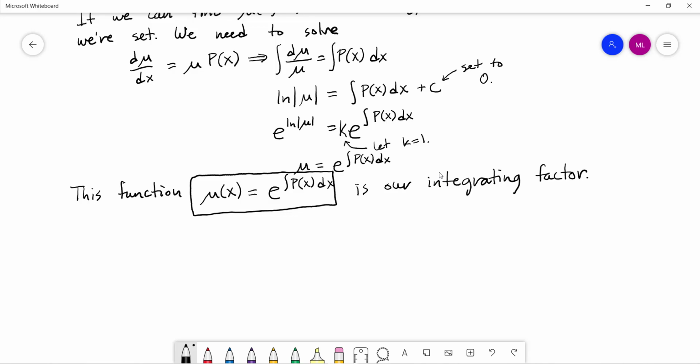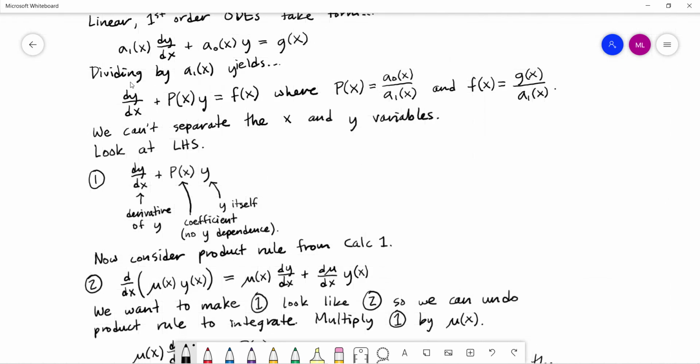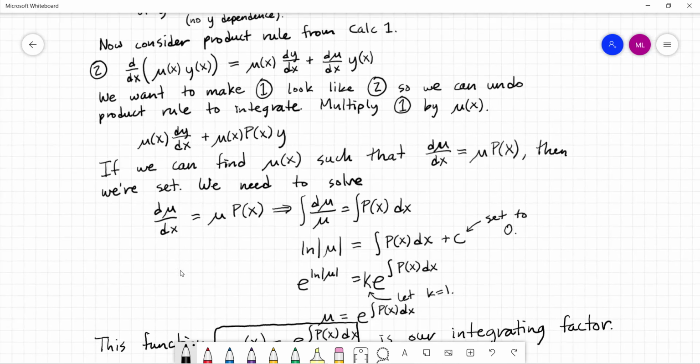And the idea is, if I go back and now multiply the original differential equation sitting way up here by that particular mu of x on every single term, the left-hand side will transform into something that looks like the result of product rule. And how can I integrate it? Well, I can just undo the product rule. I can get rid of this derivative and wind up with something that looks like this.